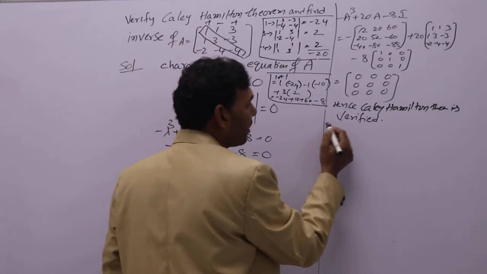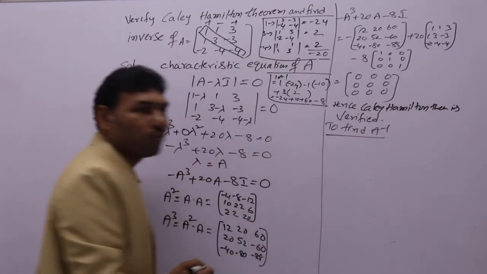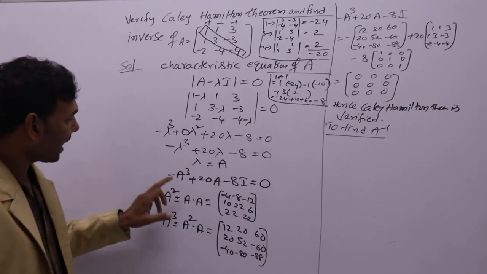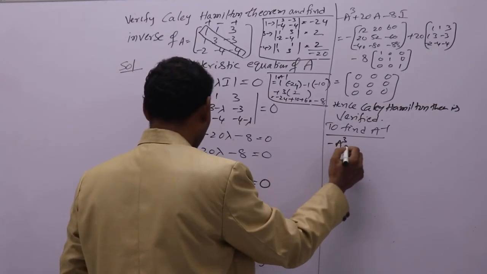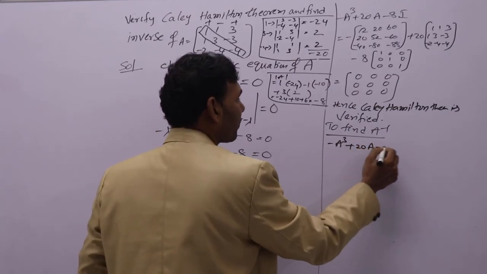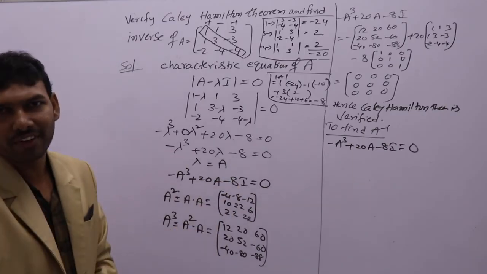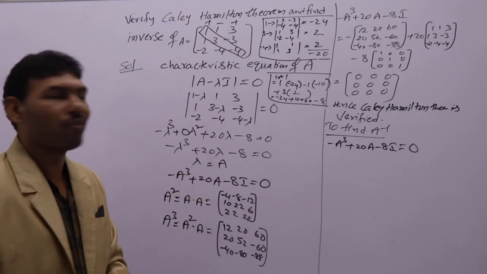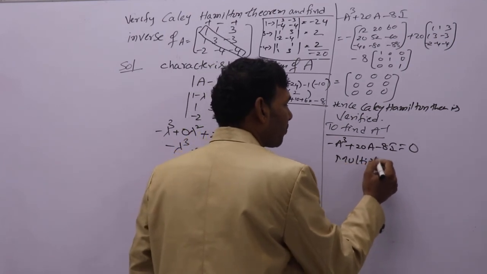So to find A inverse, what we need to do? I said the procedure very clearly. First write the characteristic equation in A: minus A cube plus 20A minus 8I equal to 0. You can divide this equation with A or multiply with A inverse so that you can get A inverse from this equation.